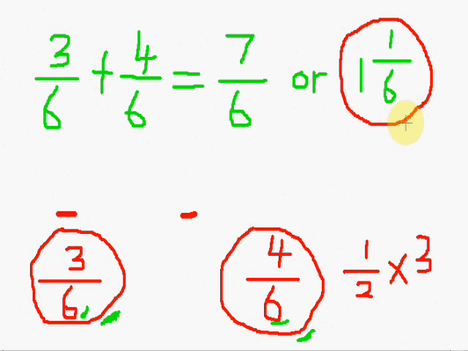So bear in mind, in cases where the denominators are different, we simply multiply both fractions by the denominators on both fractions, and that is a way of getting a common denominator. Then once we have that common denominator, we can go ahead and add like how we were adding before. But let's look at this other one.